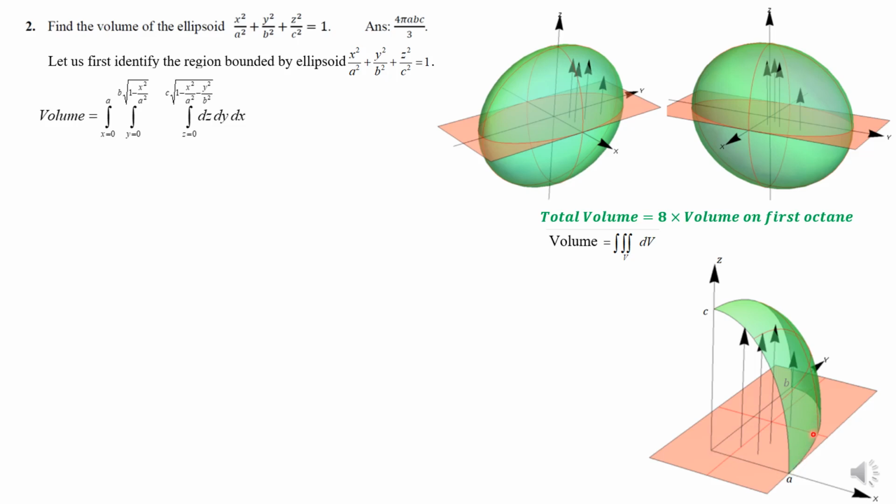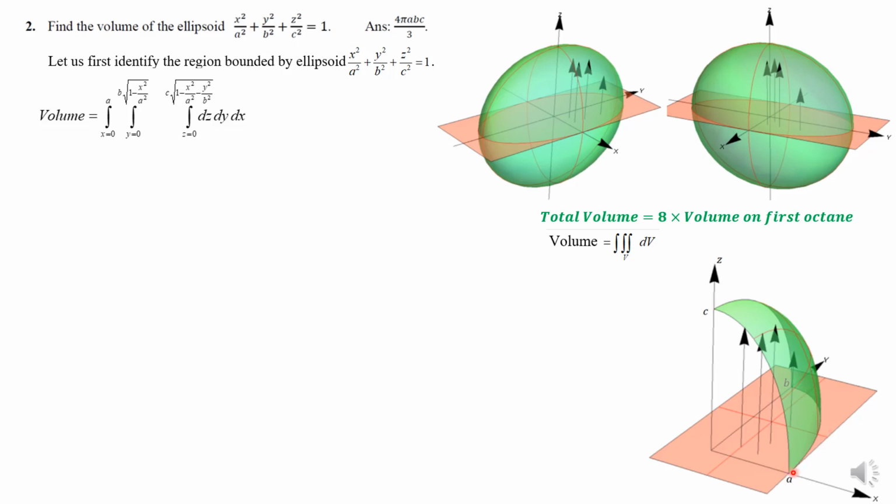Here is a portion of an ellipse on the 2-dimension plane, that is z equals 0. This curve is a portion of the ellipse in the first quadrant only, and we have to integrate to cover the region bounded by the x-axis, the y-axis and the portion of the ellipse in the first quadrant.